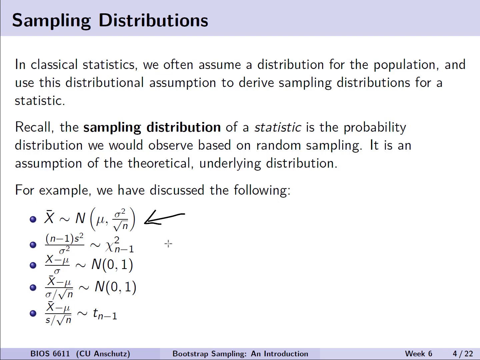We also introduced the statistic, which involves the sample variance and the population variance being chi-square distributed. Likewise, we also have two cases where we can transform either an individual observation X or the sample mean X bar to a standard normal distribution with mean 0 and variance 1. Or likewise, if we don't know that variance, we have a t distribution approximately, which we use for doing the t-test or powering studies.